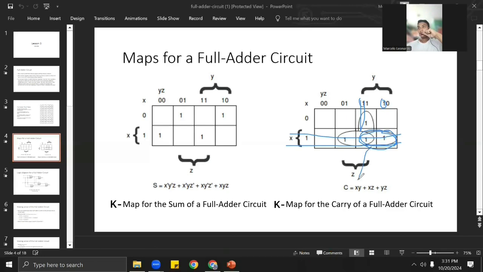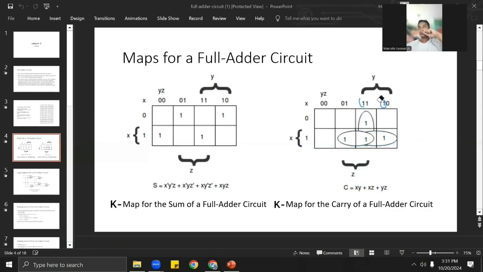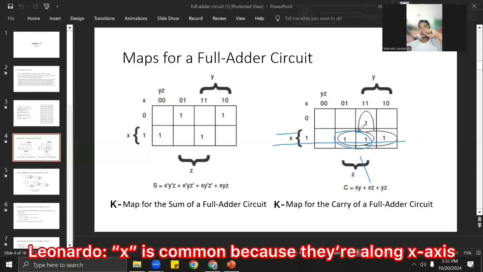So, tingnan natin i-derive to. xy plus xz. X common, nasa x-axis.